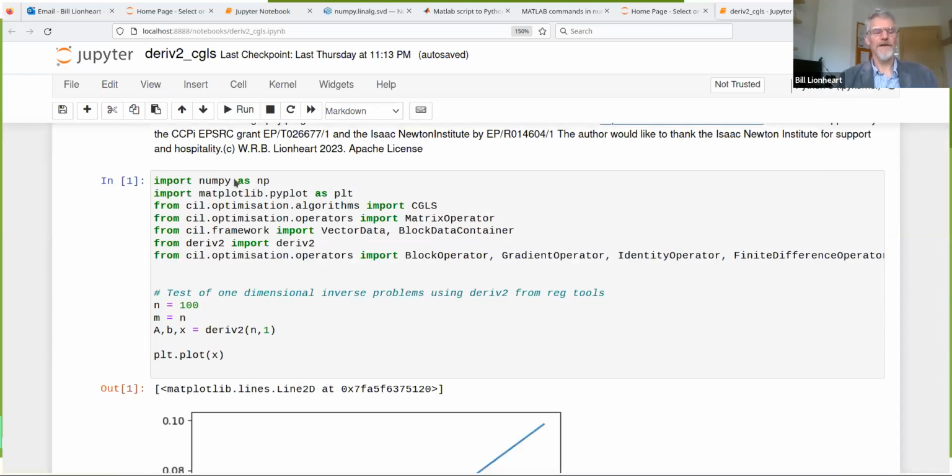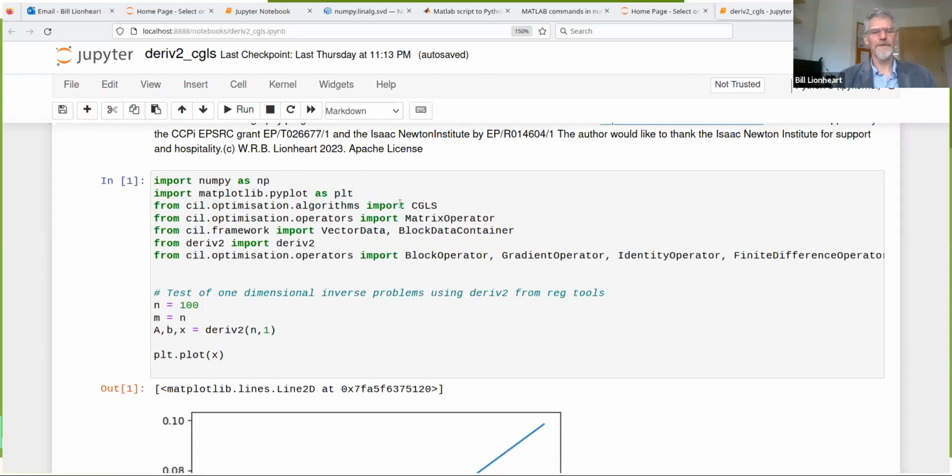Okay, so some prerequisites. I'm importing NumPy, which has many of the MATLAB-like functions in Python, and I'm calling it np just to save typing. The MATLAB-style plot library, matplotlib, as plt, and I need some components of CIL, so I'm just going to load those.